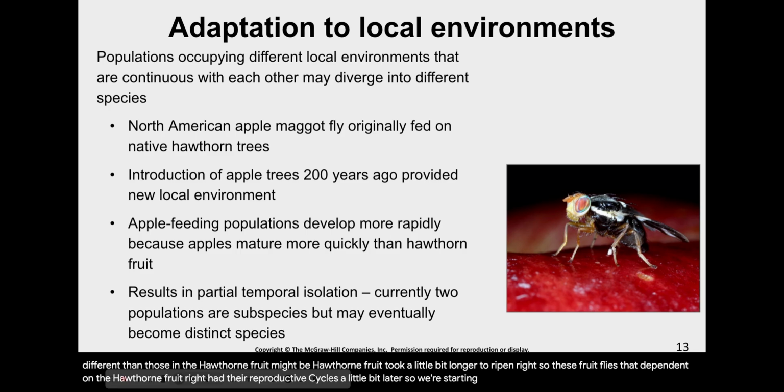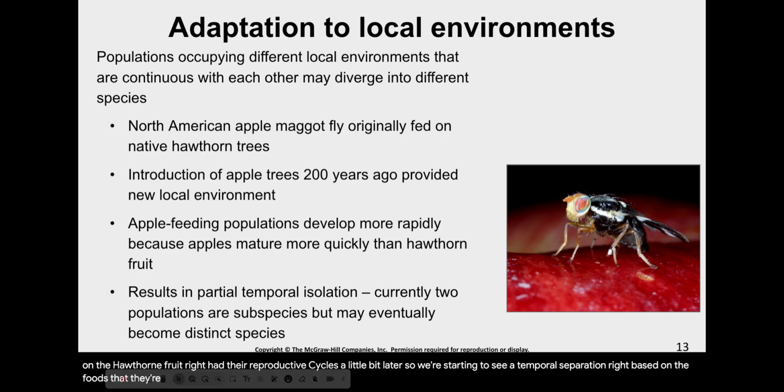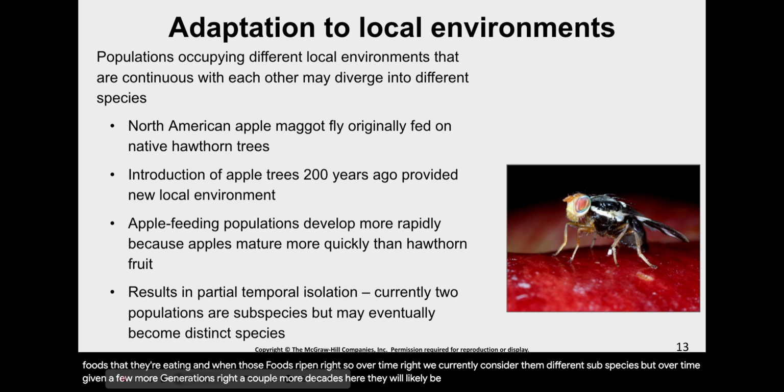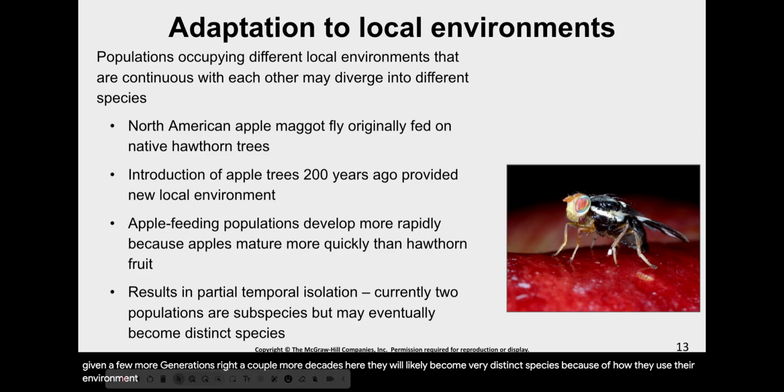So we're starting to see a temporal separation, based on the foods that they're eating and when those foods ripen. Over time, we currently consider them different subspecies, but given a few more generations, a couple more decades here, they will likely become very distinct species because of how they use their environment, even though they live in the same area.